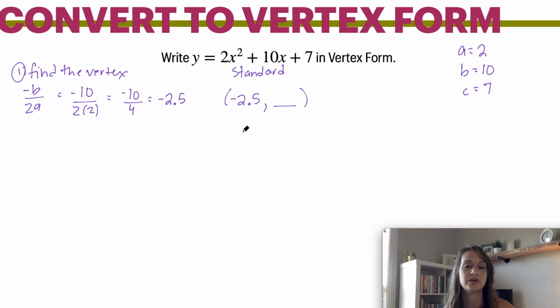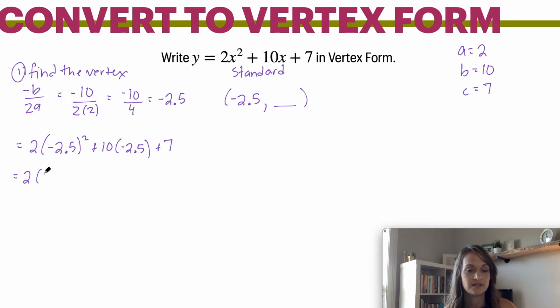We find the y coordinate by plugging it back in. So we'll get 2 times (-2.5)² plus 10 times -2.5 plus 7. 2.5 squared is 6.25, so 2 times 6.25 is 12.5, minus 25, since 10 times 2.5 is 25, plus 7.